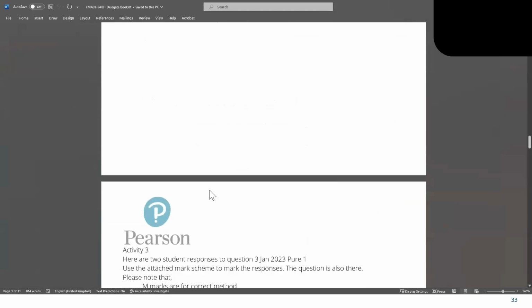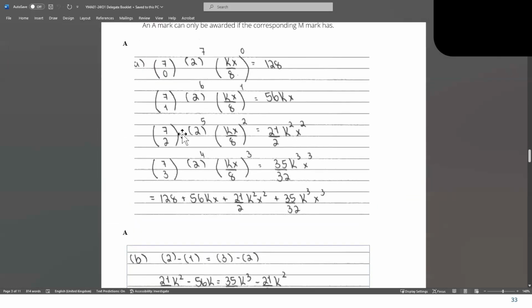If I show you the working here, this is part A of student A. What the student actually got was 4 marks. Method shown on all required terms, and they're correct.